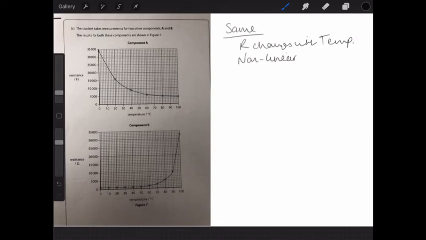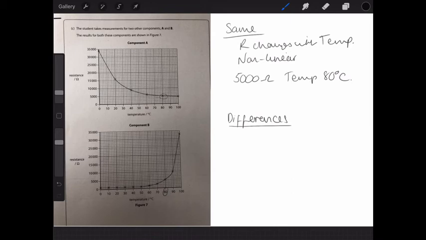However, before we get to differences, I think I've spotted one more. If you look at the resistance of 5,000 ohms, on both graphs the temperature is 80 degrees Celsius at that particular resistance.